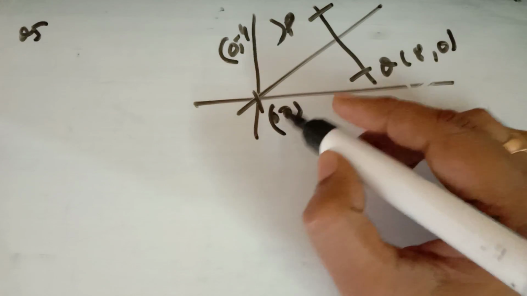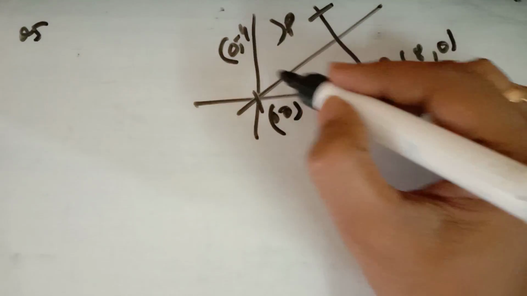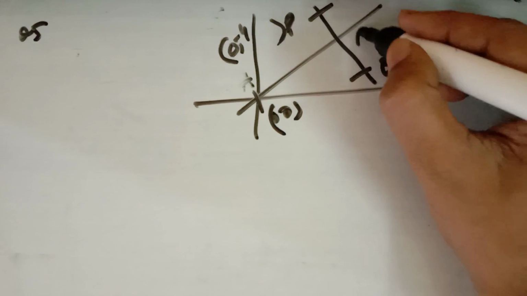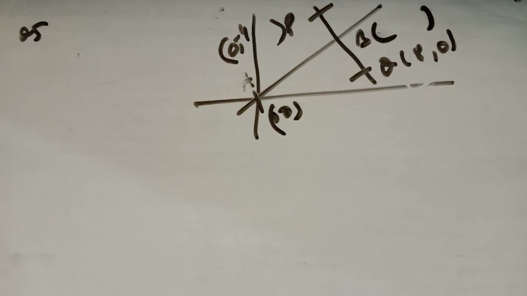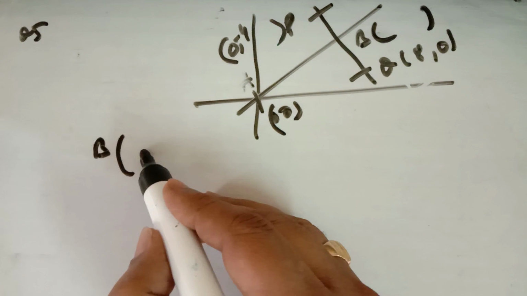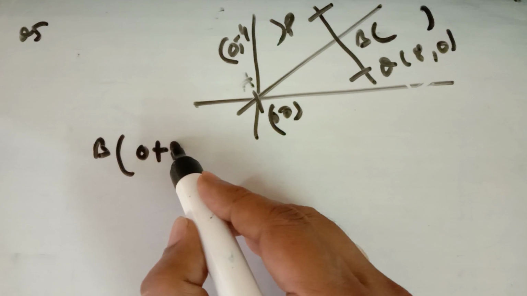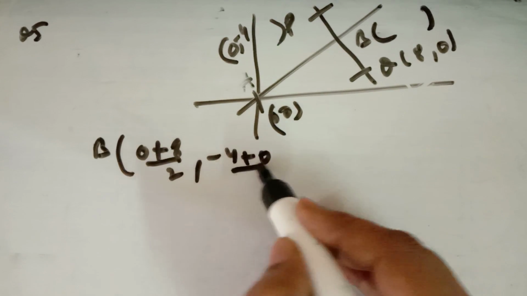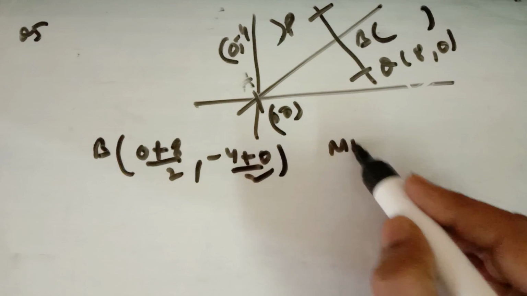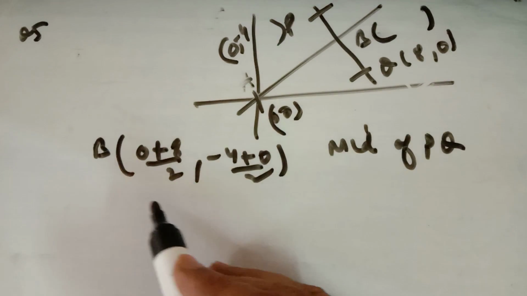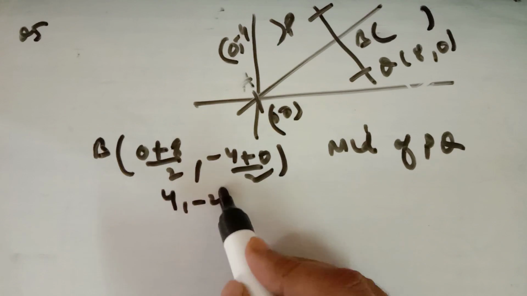You have to find the slope of the line which is passing through the origin and the midpoint of PQ. So the coordinate of B will be the midpoint of PQ: (x1 plus x2) upon 2, (y1 plus y2) upon 2 will be the coordinates of the point B, which is coming out to be (4, minus 2).